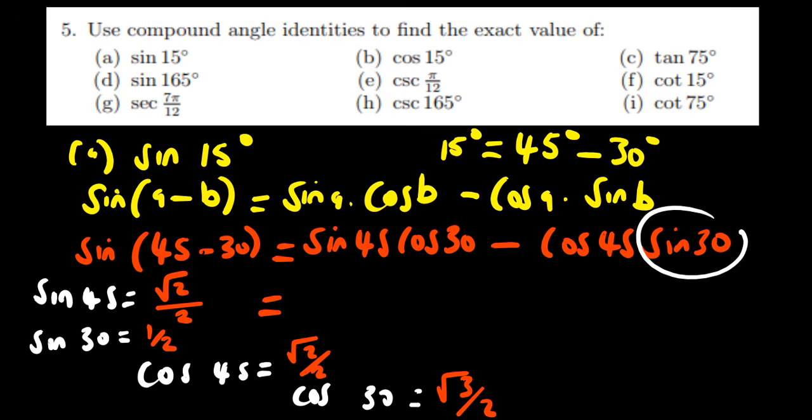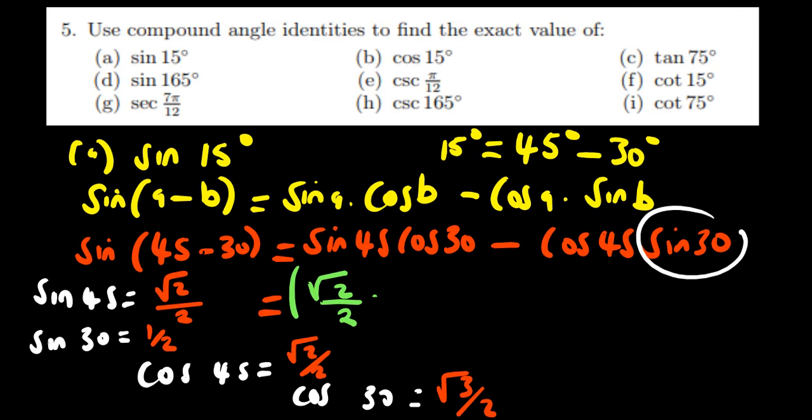So now let's solve. What are we now going to have? Sine 45, cos 45. Our job is just going to be replacing. Okay, so let's start. We've got sine 45. Allow me to use a different color. Sine 45, we've said is root 2 over 2. This is multiplying by cos 30.